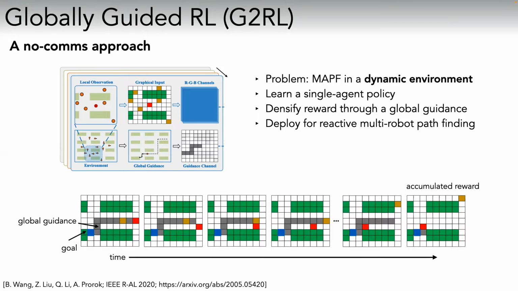And what this global guidance signal does is it actually plans out an A-star path for our agents. So if you look at this little image here, gray is one in the discrete environment. There are multiple, but it gives them one possible path along which the agents can move in order to reach their goals as quickly as possible. Now, the problem with such an approach is the kinds of problems you would get by following an imitation learning approach, right?